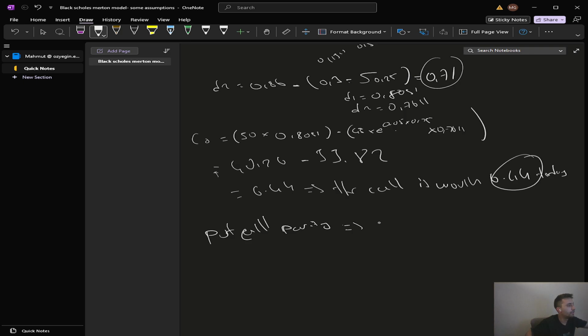So comparable: call plus PV of strike equals put plus S. That means we know the call price here, plus the strike.